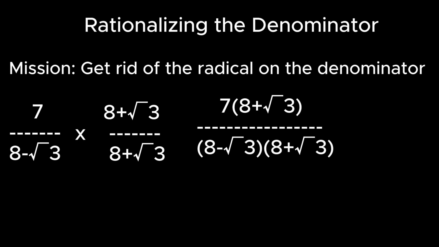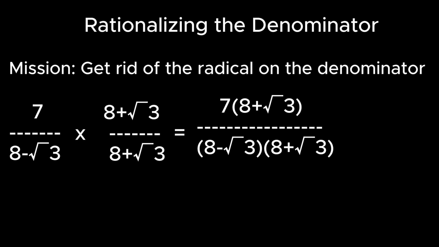So for the numerator, all you have to do is distribute the 7 to the 8 and the radical 3. So for the numerator, you're going to get 56 plus 7 radical 3. And for the bottom, you just have to FOIL. So multiply 8 by 8, you get 64.